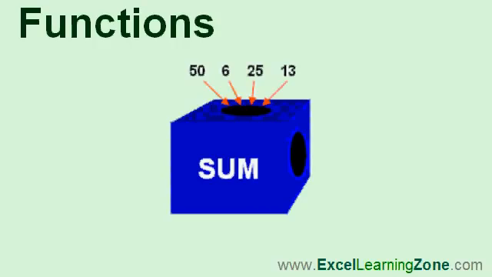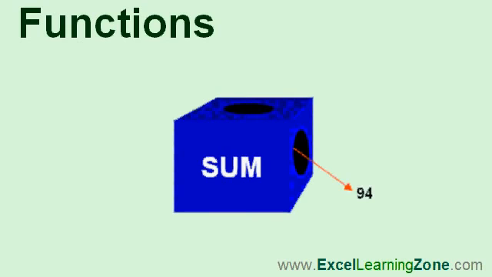You're going to dump all of those numbers into that hole on the top of the box. You're going to shake the box up, and then the sum function does its calculations and spits out the correct sum of those numbers, in this case 94. In other words, the sum function takes in all of the numbers that you want to add up, and then it returns or spits out the correct sum of those numbers.